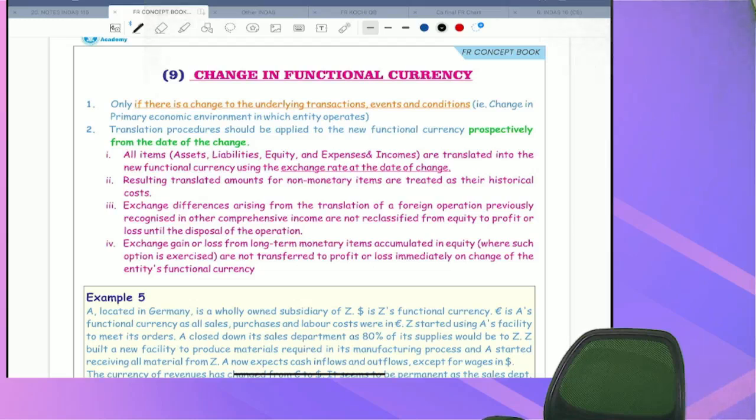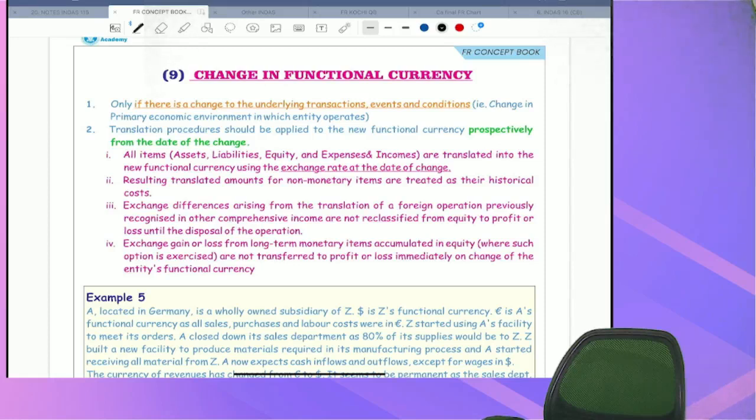Does this happen practically? Yes, very rarely. If it happens, the company will change from the beginning of the new year, not in the middle of the year. The functional currency could be changed if there is a change in the primary economic environment on which the entity depends.